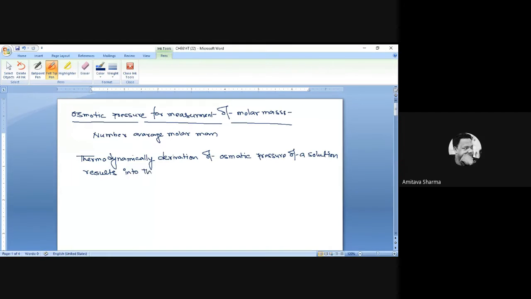Thermodynamically, I can say the osmotic pressure of a solution results in the expression, and this is a known expression for you, pi V = RT ln 1. This is a very known equation to you. But I am writing it as pi V1m star.